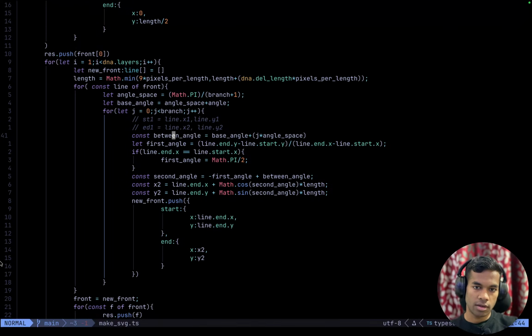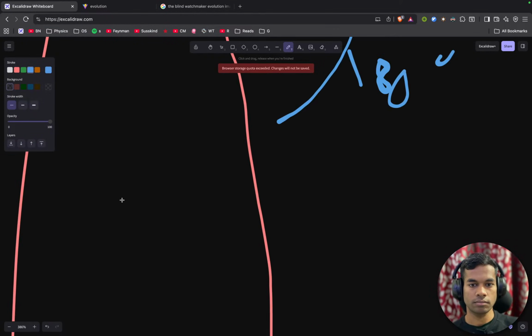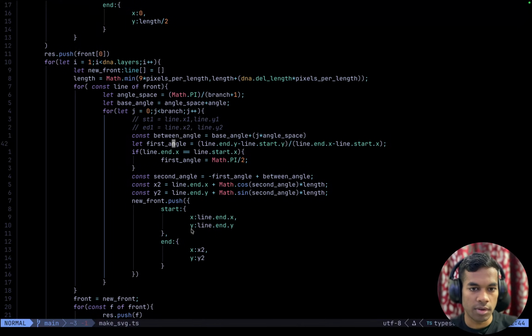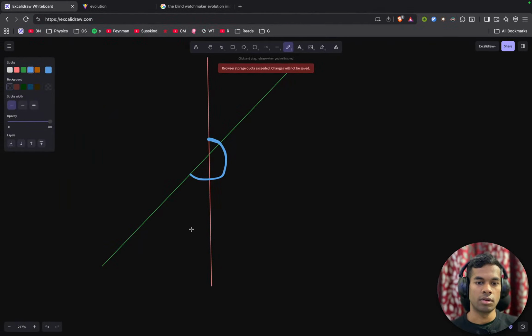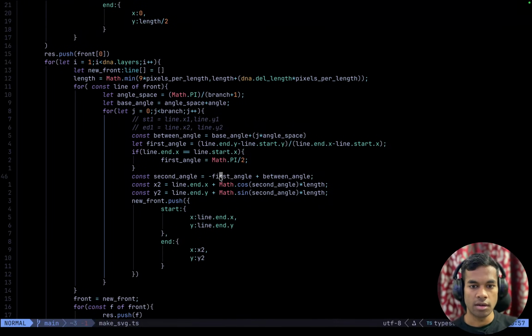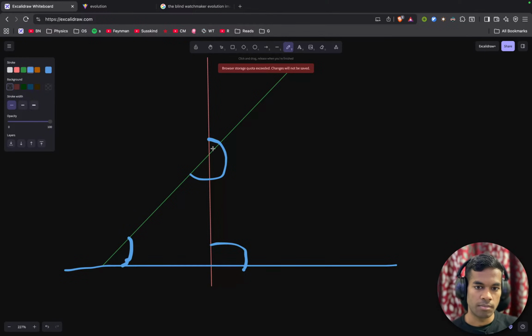Const between angle means base angle plus j into angle space, which is correct, because initially j is equal to 0. Between angle is this angle between these two lines. First angle is the slope of this line, and second angle is between angle minus first angle.